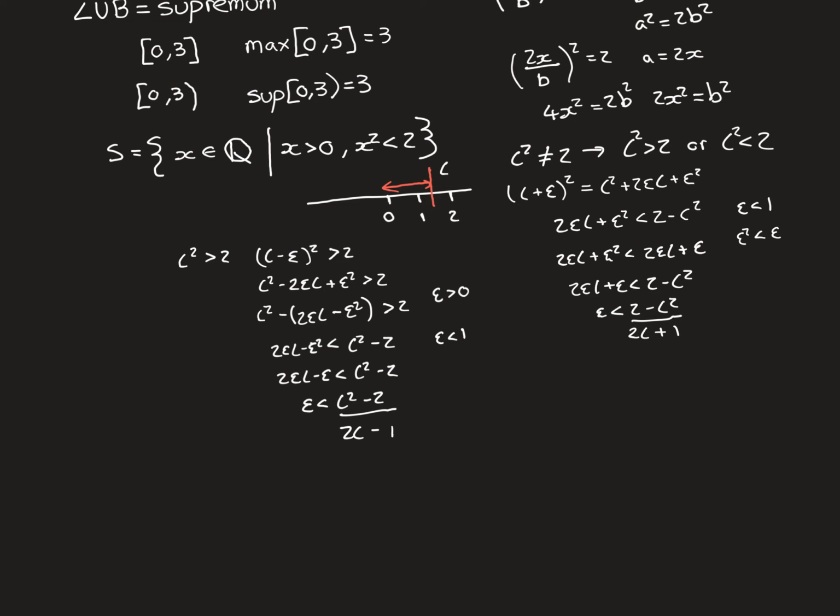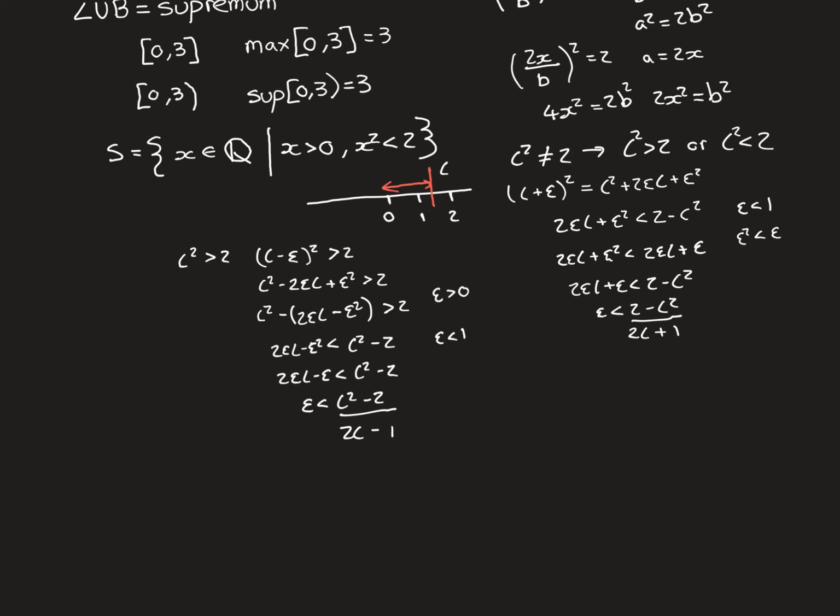In this one's case, likewise, L squared minus 2. In this case, L squared was going to be greater than 2. So this was always going to be a positive number. And 2L minus 1, again, same argument. L is greater than 1. So 2L minus 1 is always going to be greater than 0. It's always going to be a positive number. So both of these fractions are going to end up positive numbers. So it will always be possible to find an epsilon in both of these cases such that this holds true.